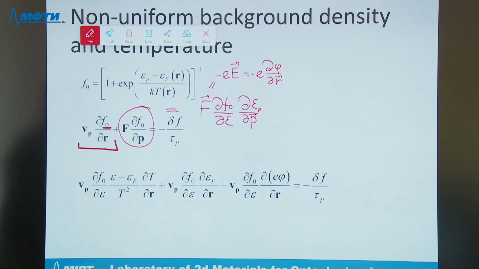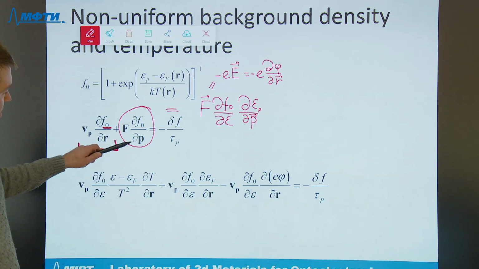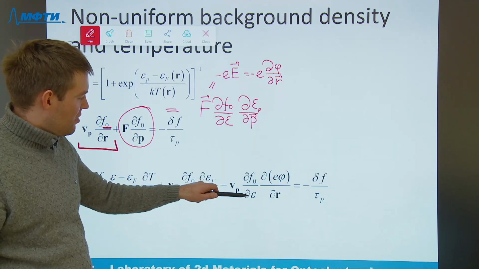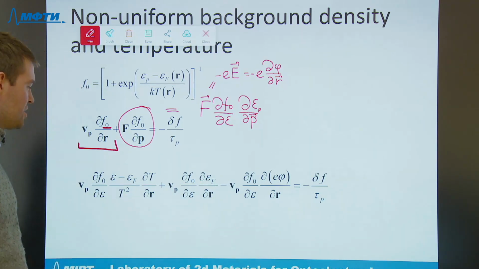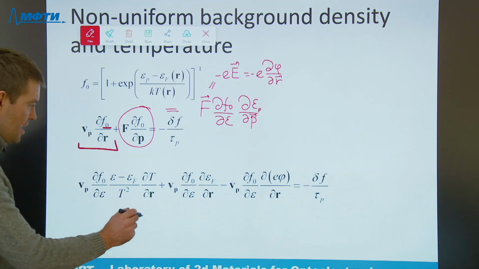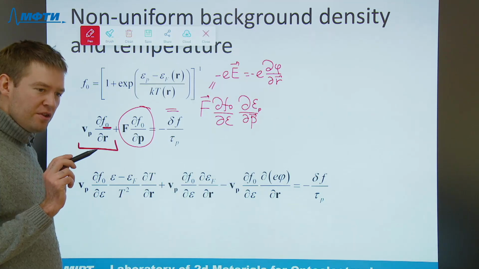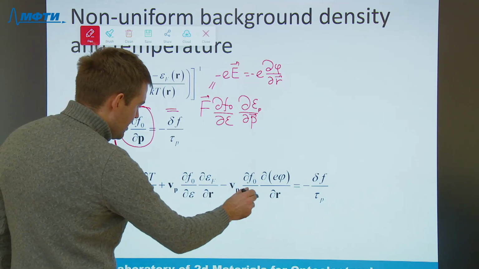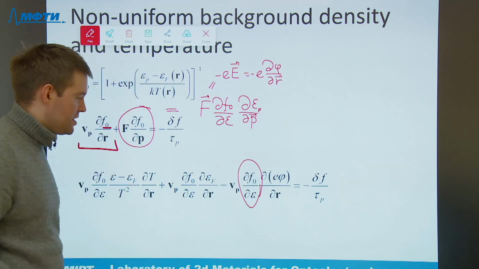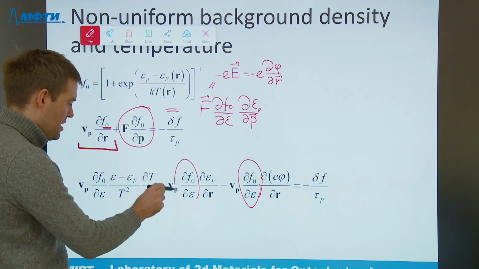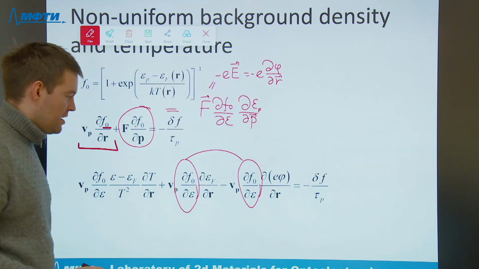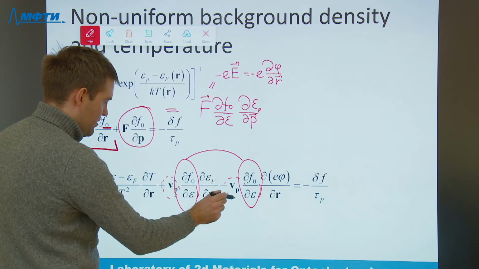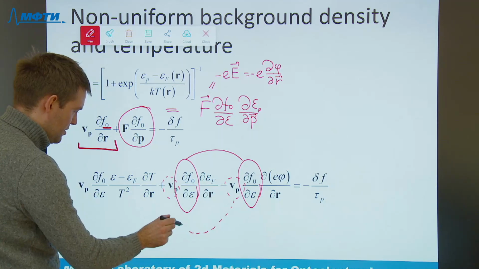So we are able to express this term with the driving force also as a derivative of distribution function with respect to energy. Now we see that the diffusive term and the force term look very, very similar. Here the derivative of distribution function with respect to energy, and here it comes again. They can be collected. Here the velocity and here the velocity. They can be collected all together.